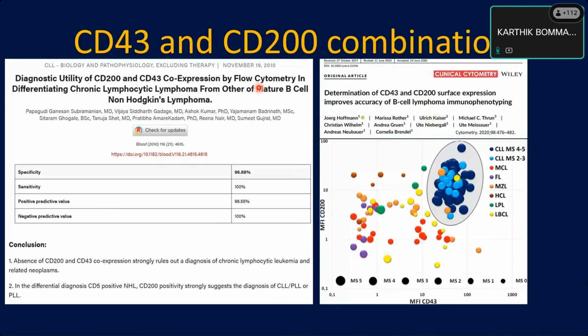Among CD5 positive B cell lymphoproliferative disorders, you look for CD43 and CD200 expression. Both mantle cell lymphoma and CLL will be CD43 positive, and CD200 will be negative in mantle cell lymphoma and positive in CLL. So just based on these two markers, you can distinguish between mantle cell lymphoma and CLL.